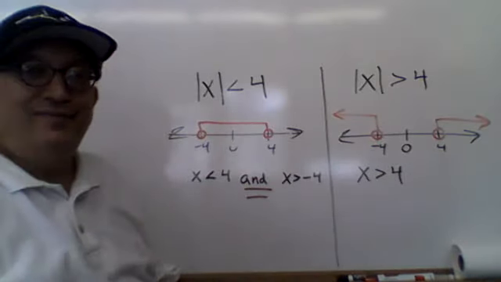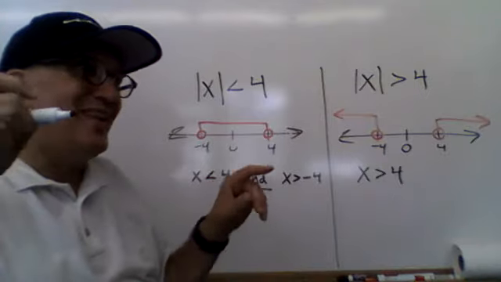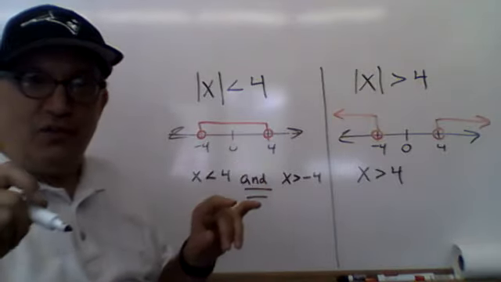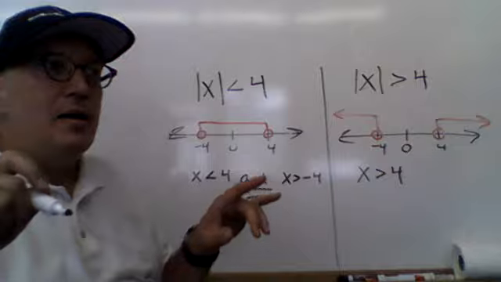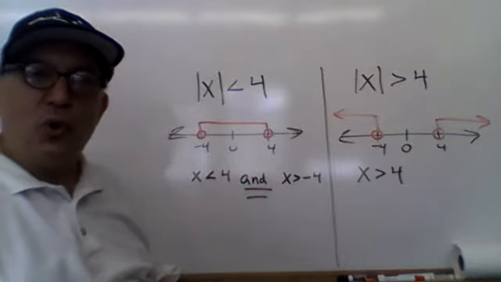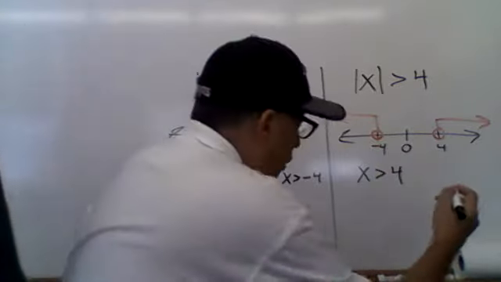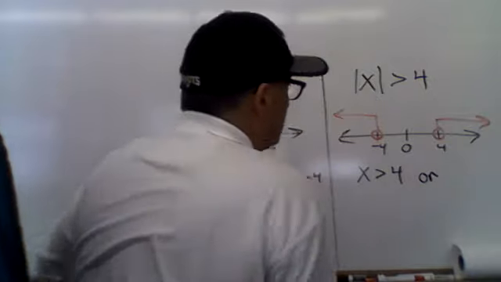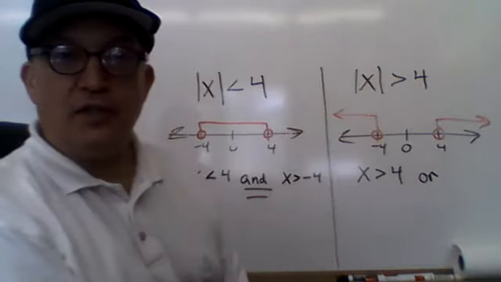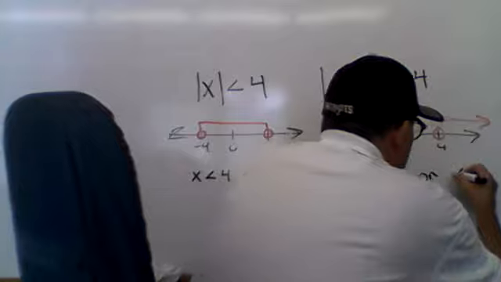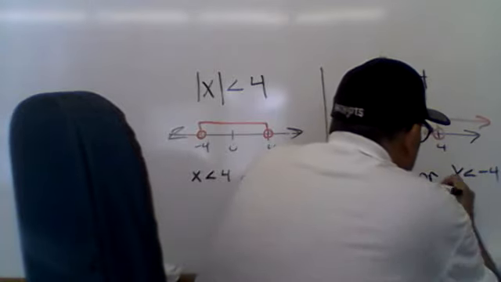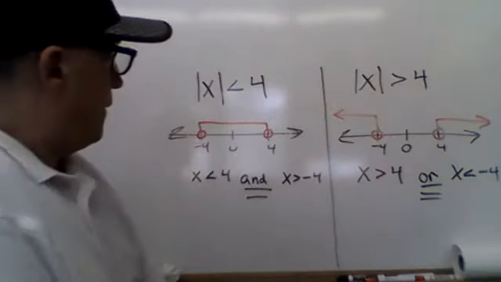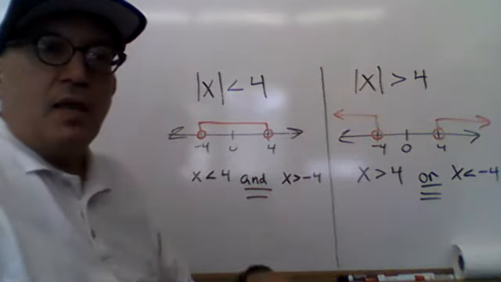Or, and these are terms of art here. Here you have to use the word or. Or the x can be less than negative 4. Okay?